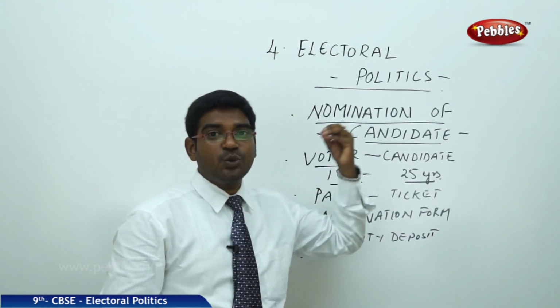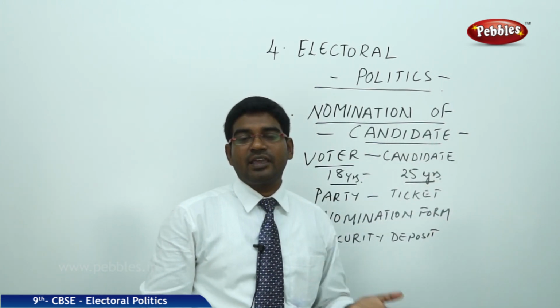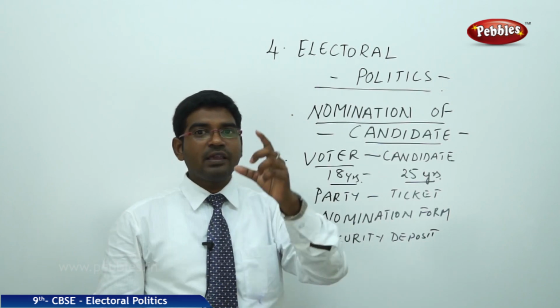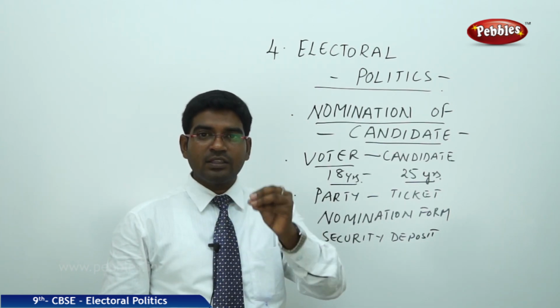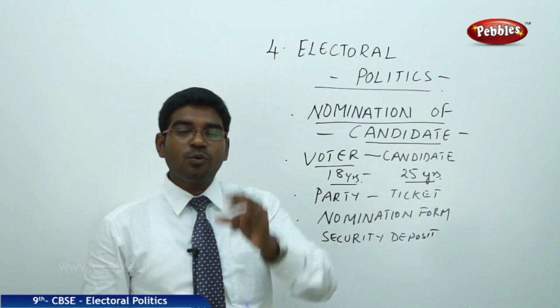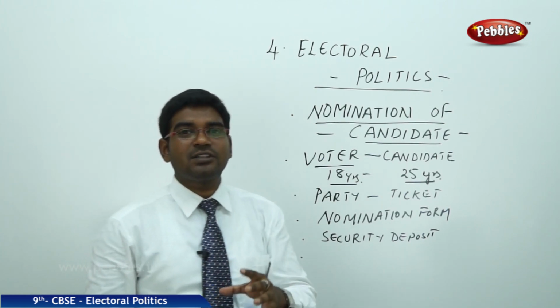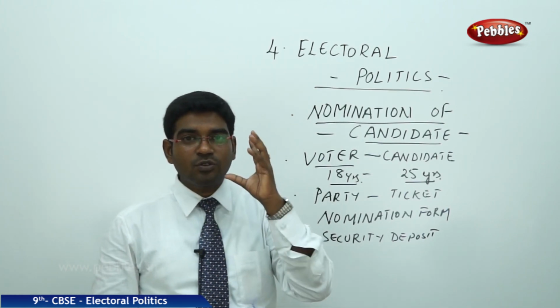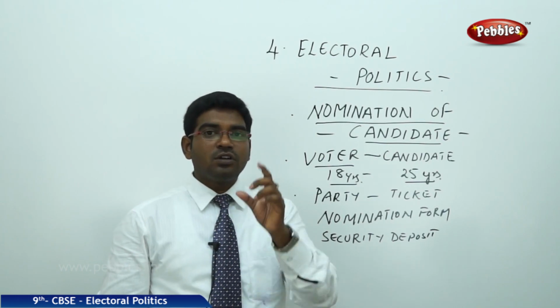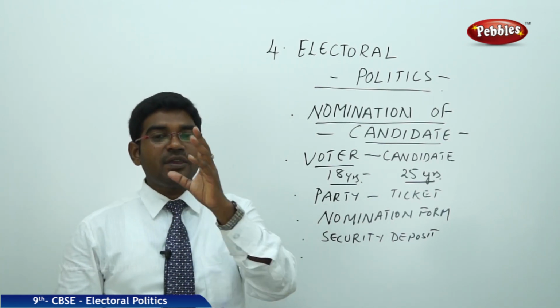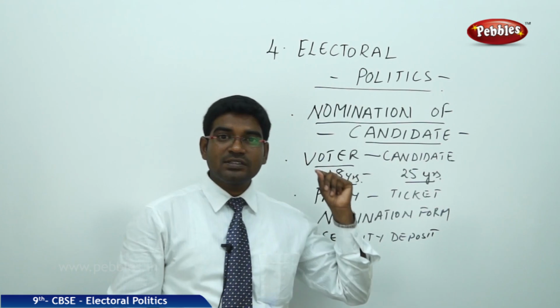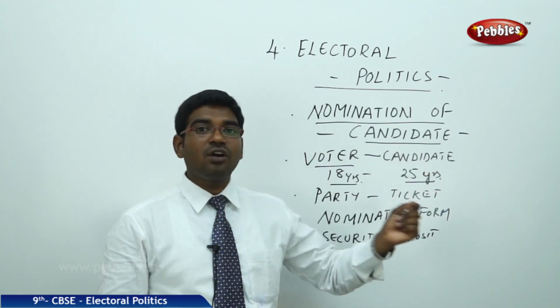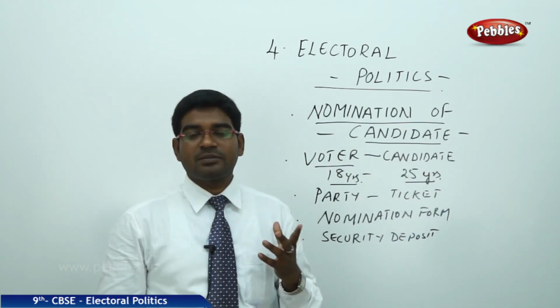When a party is issuing a ticket to any particular candidate, like we discussed for Chandrababu Naidu in the region of Chittoor, in the constituency of Kuppam, the voters have to elect Chandrababu Naidu, meaning they have to subscribe their vote to the TDP party symbol because he got the party ticket of Telugu Desam Party.